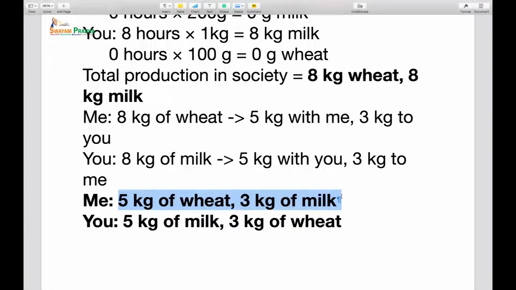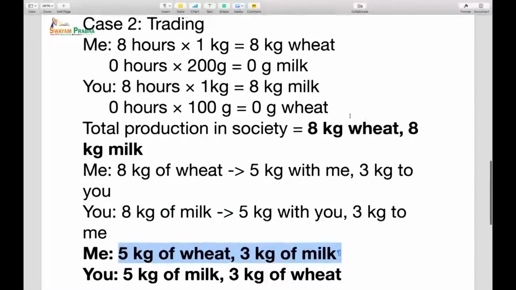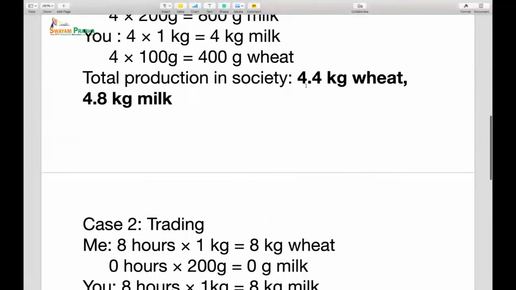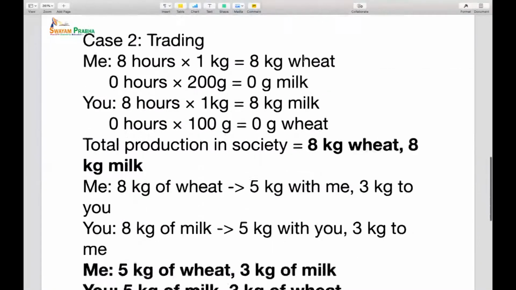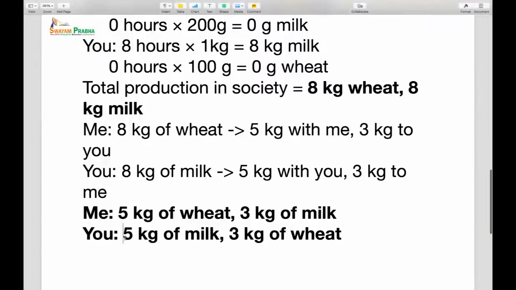So this is for my own benefit, for my own good. Similarly, in your case also, earlier you were only getting 4 kg of milk and 400 grams of wheat, whereas now you get 5 kg of milk and 3 kg of wheat. So it is good for you, and because of this reason, you are getting into this arrangement.